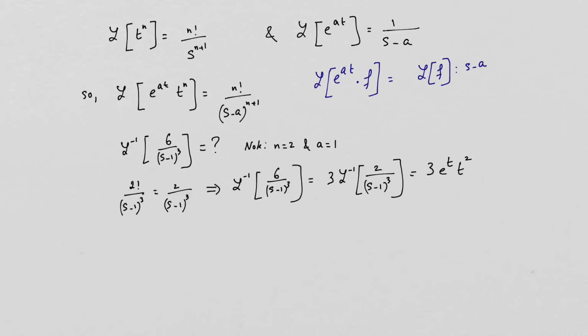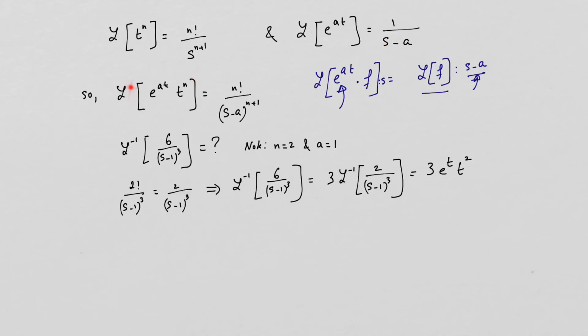So there is an s here, you may remember, right? So anytime you introduce e to the at in front of some function, you're going to get Laplace of the function itself, but then there is, let's call it a horizontal shift, so to speak, right? You don't get 1 over s, but you get 1 over s minus a, okay?